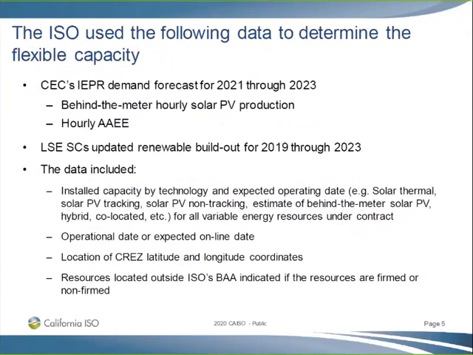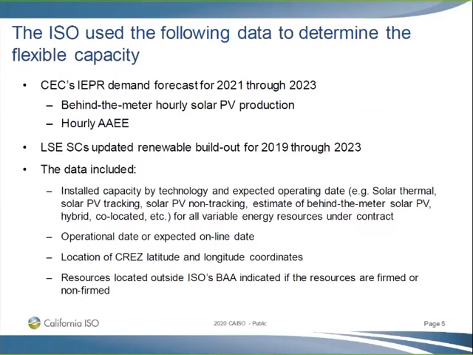Now on slide 5, how we start off this, we use the following data here. So we start off with the CEC IP demand forecast for 2021 through 2023. We do have behind-the-meter solar PV production that the CEC has embedded in their load forecast, hourly AAEE.